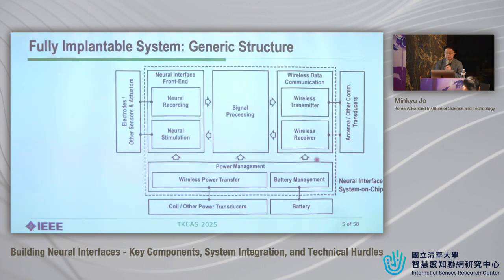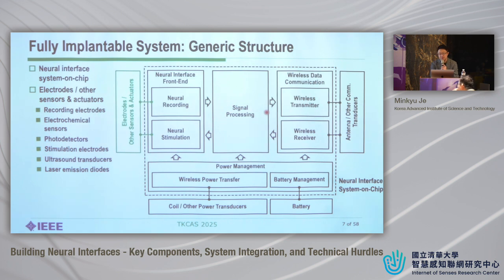Here we can see the generic structure of the fully implantable neural interface system. I will explain this generic structure first, one by one. At the center, we have this neural interface system on chip. I will explain it in more detail later. This is the major focus of this talk.